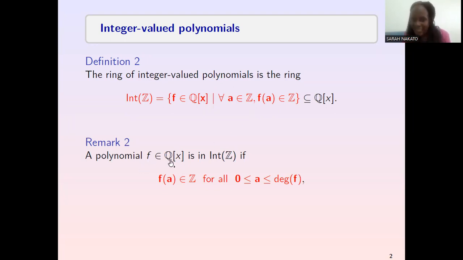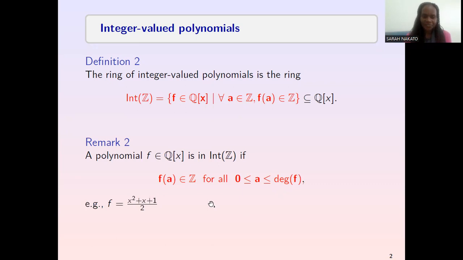It is known that a polynomial f in Q[x] is in Int(Z) if and only if f(a) is in Z for all a ranging from 0 to the degree of that polynomial. So for this case of Int(Z), you don't have to worry about checking on all integers. You only have this test set, 0 up to the degree of that polynomial. Once the images are integers, you conclude that that polynomial is integer valued, or it's in Int(Z).